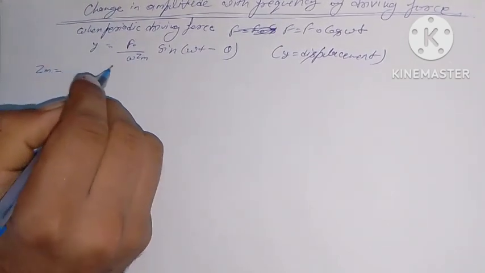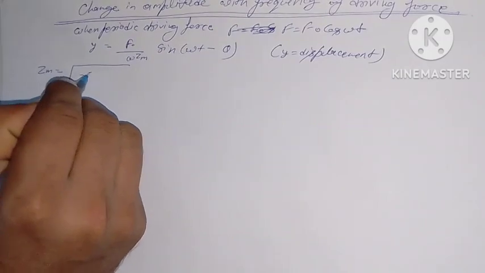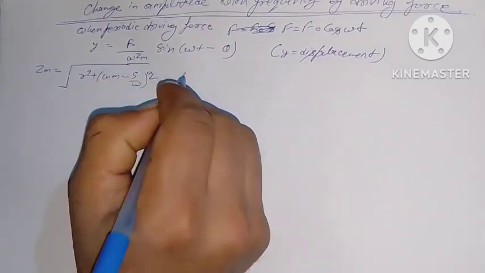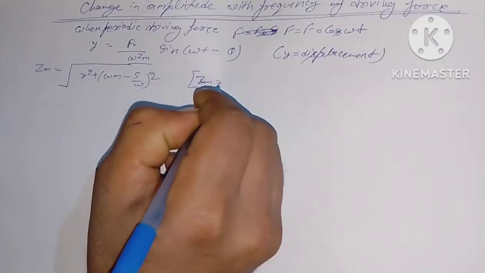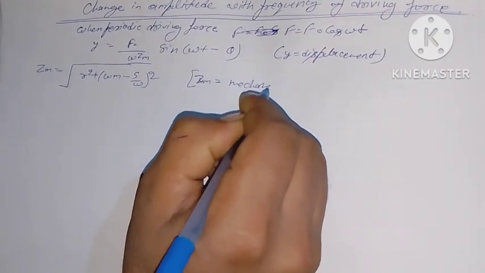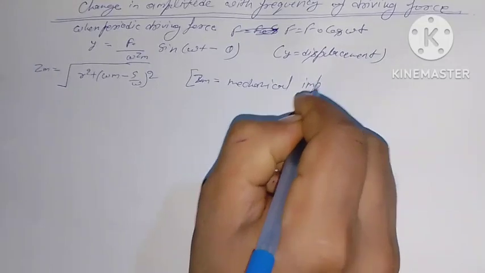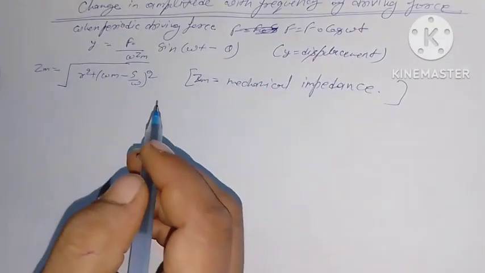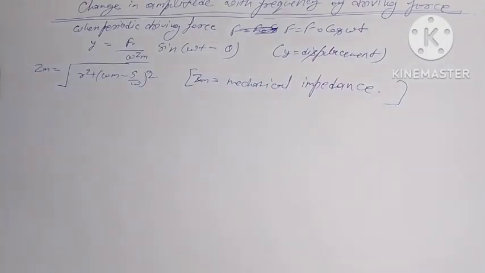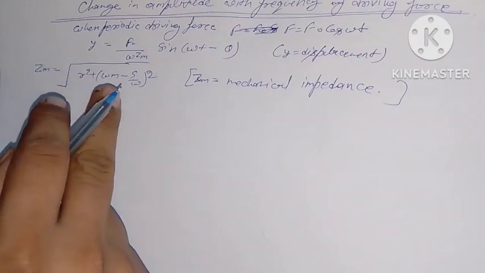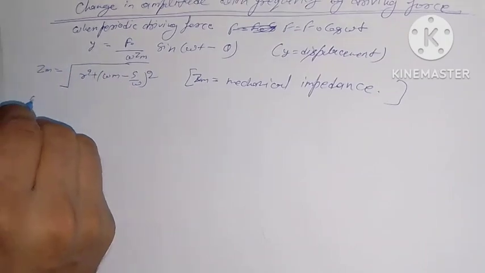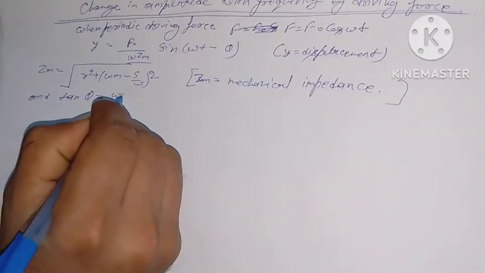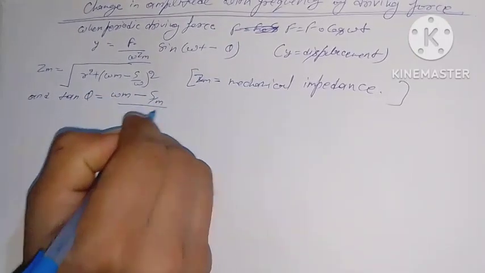Its magnitude is given by Zm equal to the square root of r square plus (omega m minus s by omega) whole square, where Zm is the mechanical impedance offered by the oscillator, and tan phi equal to (omega m minus s by omega) by r.